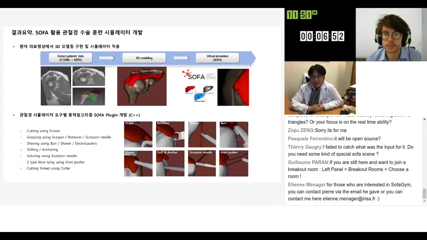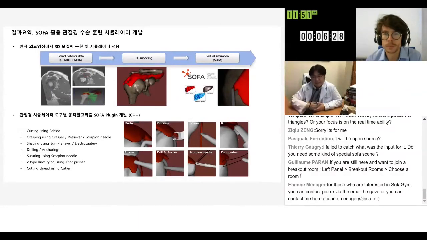Then, as in the usual process when you implement a simulation, we extracted data from the patient medical imaging data, made it into a 3D model, and put it onto SOFA in a SOFA compatible data format.